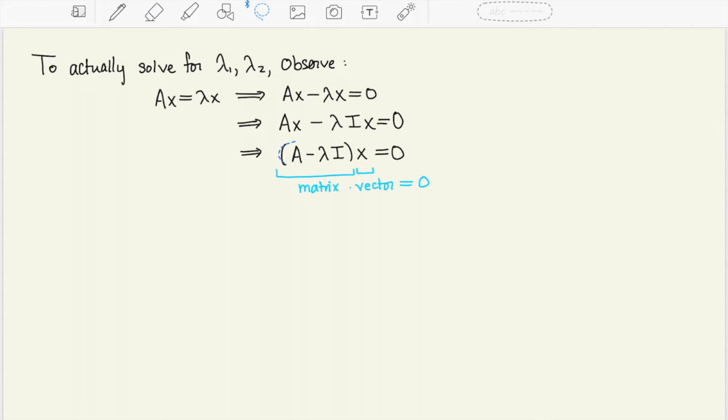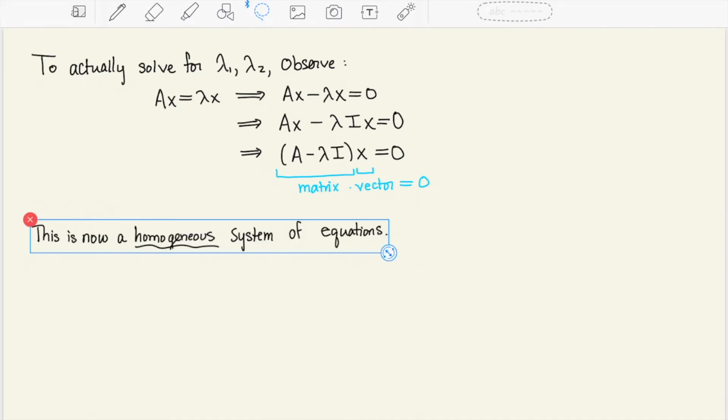And in parentheses, what we have is A minus lambda times the identity matrix. And all of this together is a matrix. So what we have now is a matrix times a vector, giving us the 0 vector. And that was a good trick because rewriting it this way means that what we're staring at is a homogeneous system of equations. Matrix times vector equals 0 is the matrix way to package up a homogeneous system.